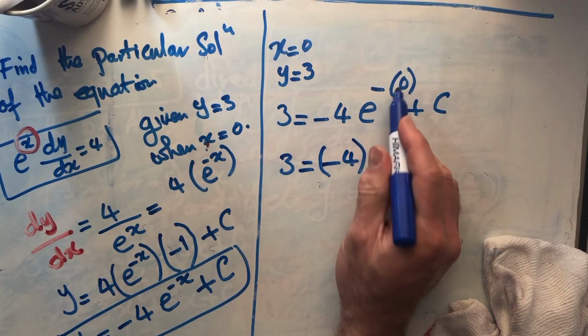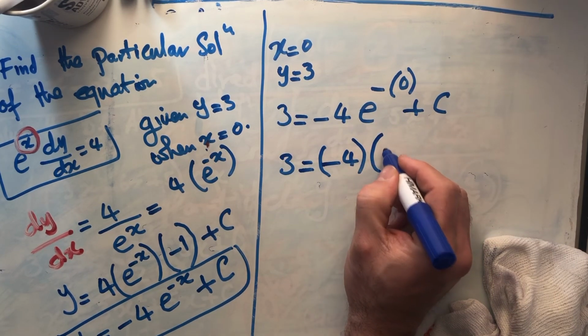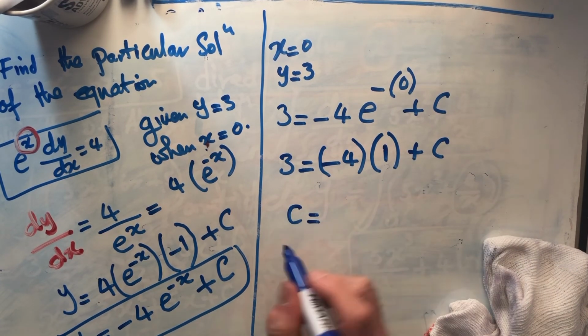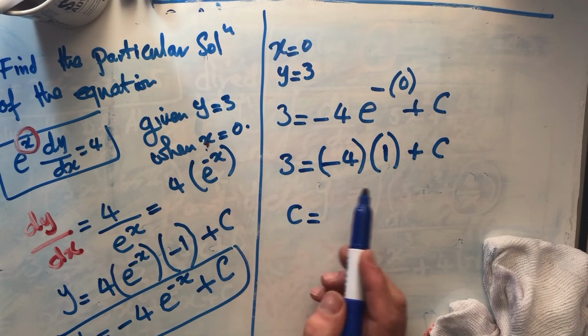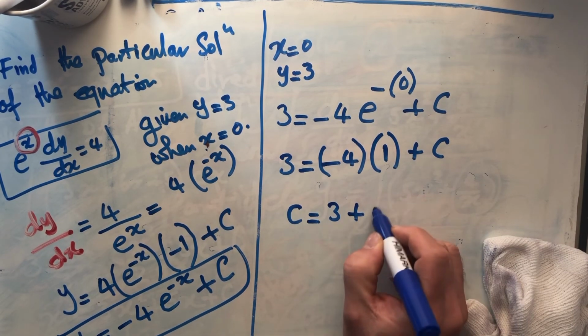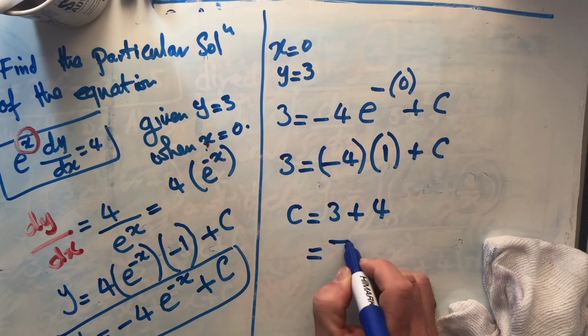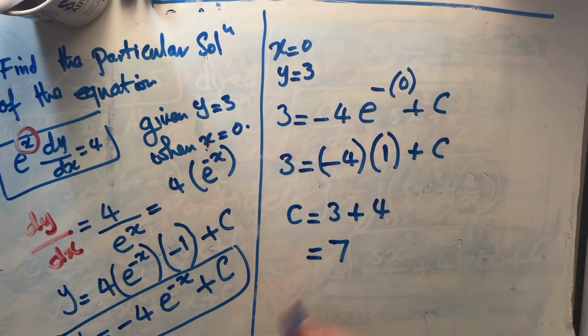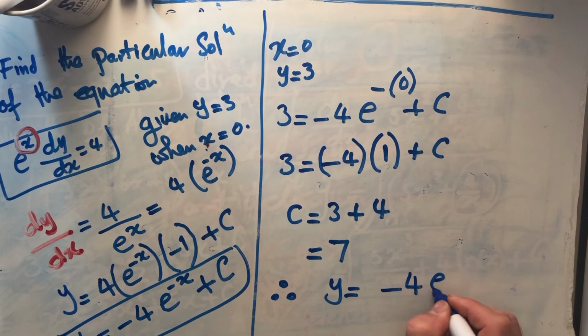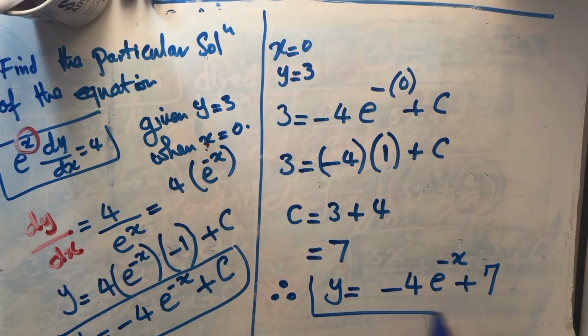Anything raised to the power of 0 is 1, so that becomes 3 equals minus 4 plus c. c is equal to 3 plus 4, c is equal to 7. So the particular solution is y is equal to minus 4e to the minus x plus 7, and that is your answer.